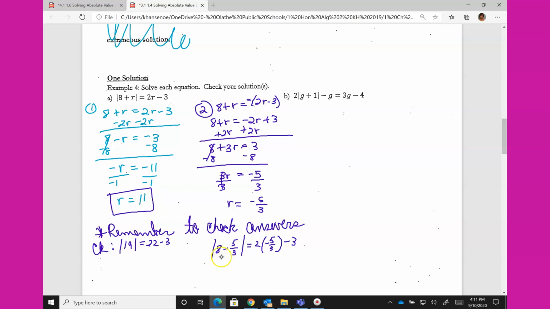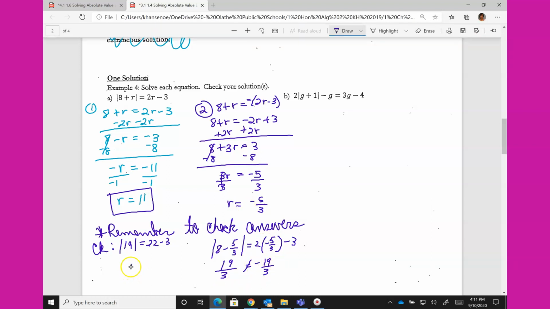So here, if I solve this one, and you guys can do it in your calculators, I get 19/3. Here, I get negative 19/3. So that does not work. So this one doesn't work. So your only answer is 11.